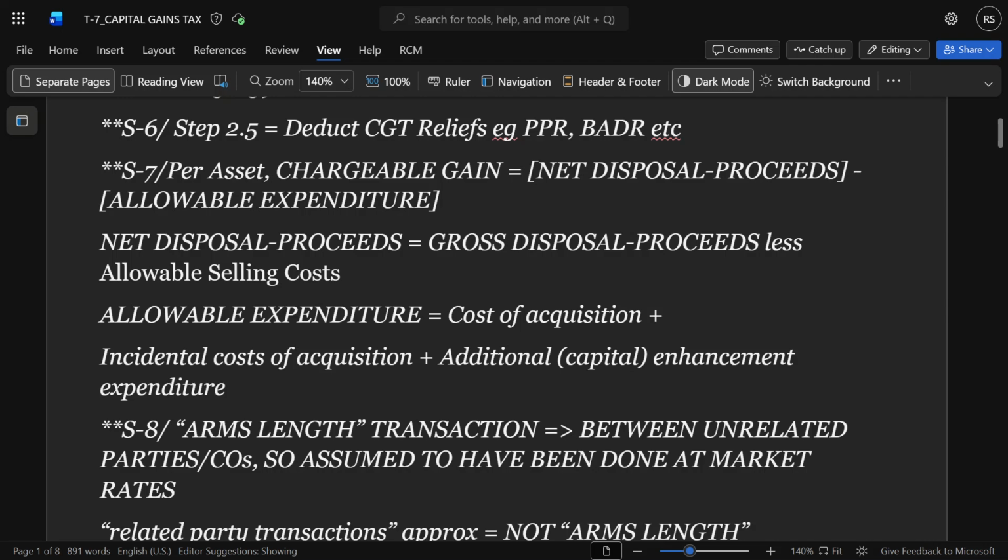Why am I always saying this? In many of these simplified examples, most of the time we are looking only at this one, the cost of acquisition. You understand?